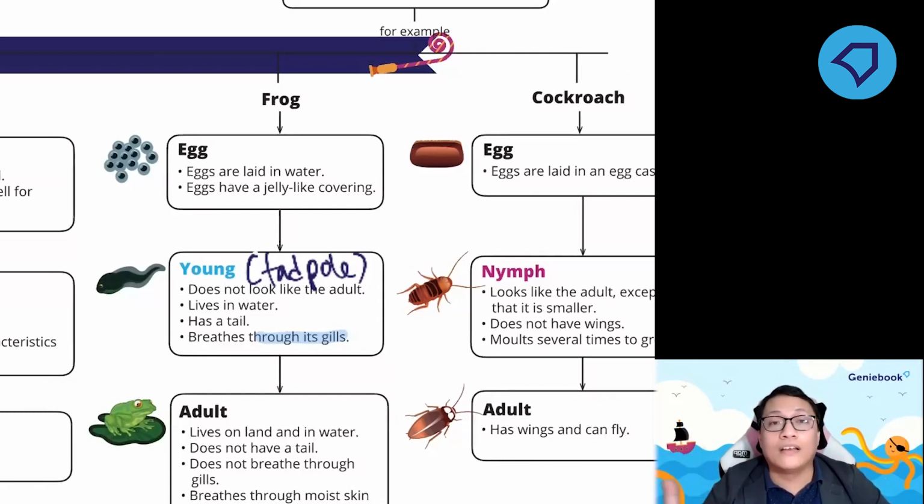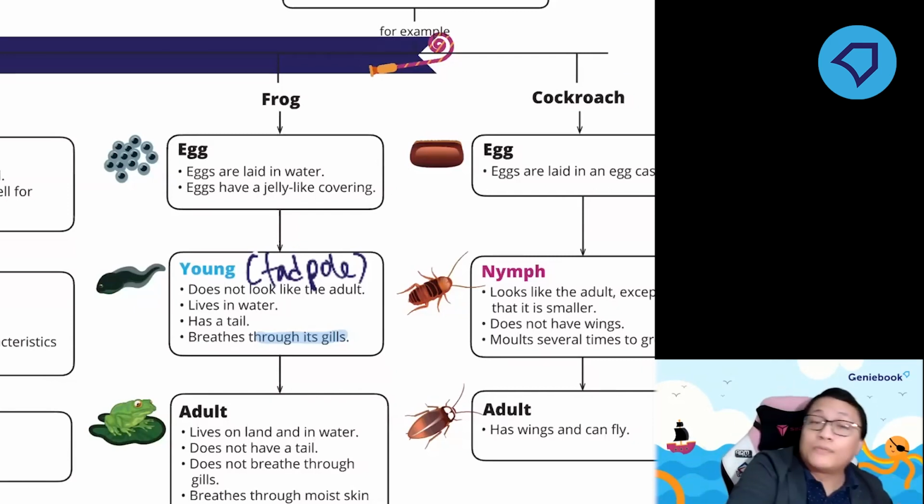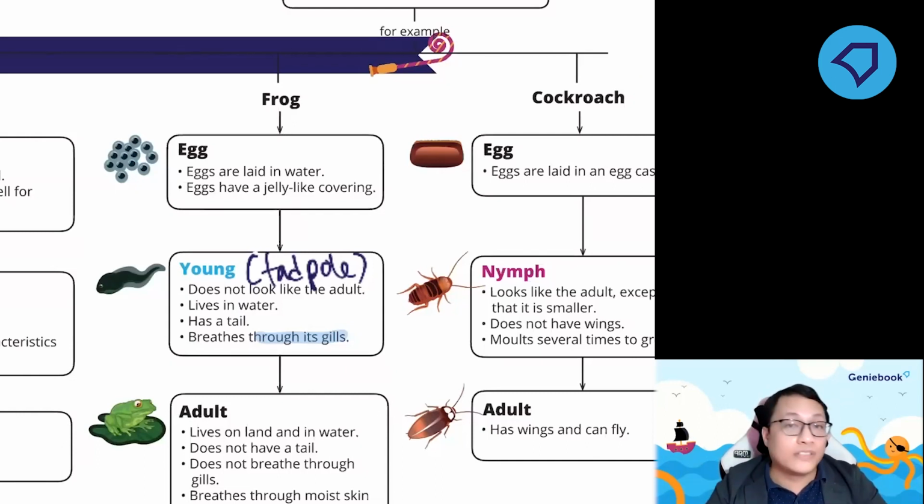So you need to know this. It is different from the chicken, the young of the chicken as compared to the adult. The young of the chicken, or the chick, resembles the adult, while tadpoles, or the young of the frog, do not resemble the adult. And of course, one more characteristic is that the young is not able to reproduce.